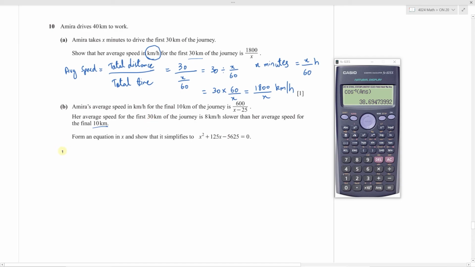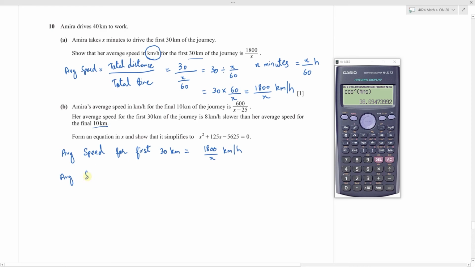So what's her average speed for the first 30 kilometers? You have already calculated that it is 1800 over X kilometers per hour.